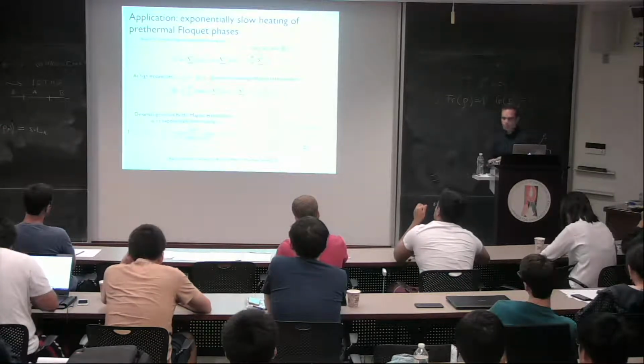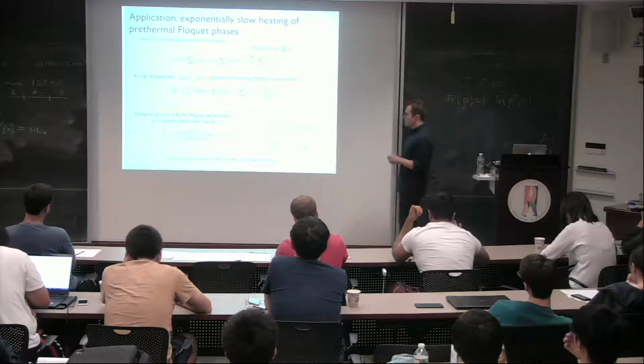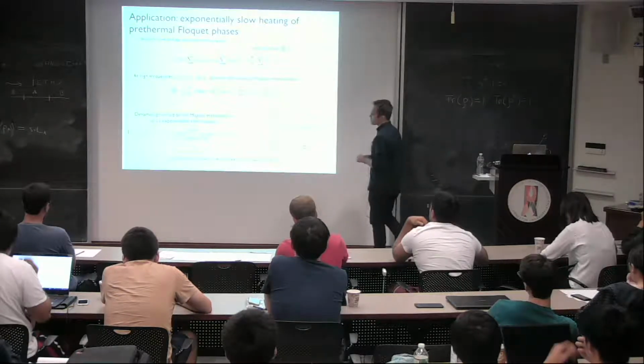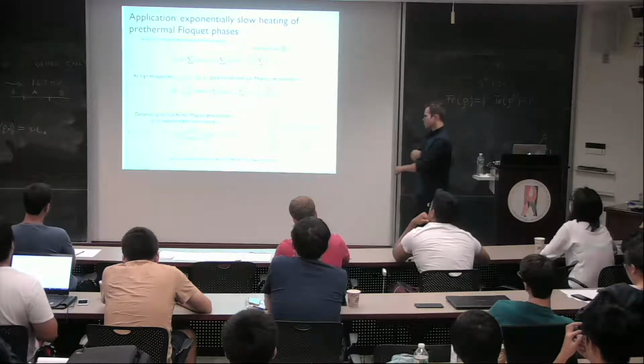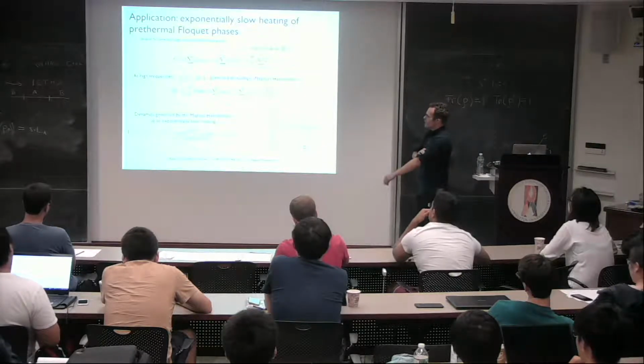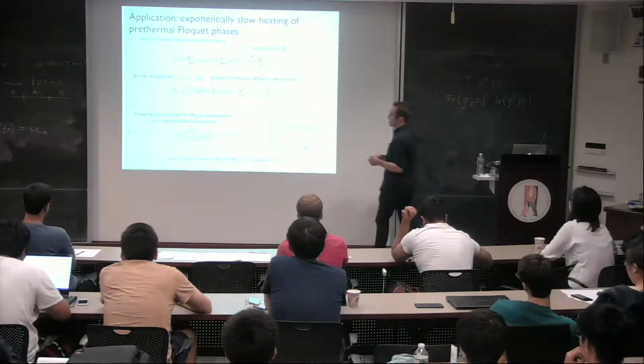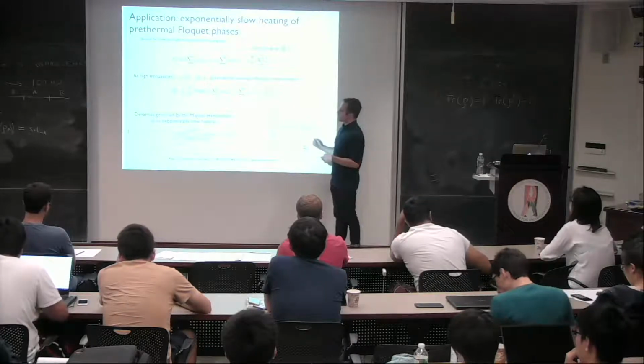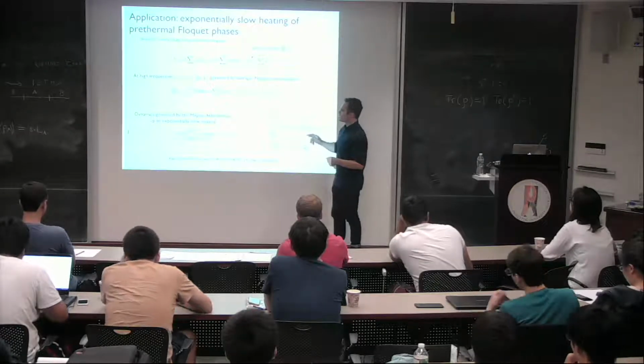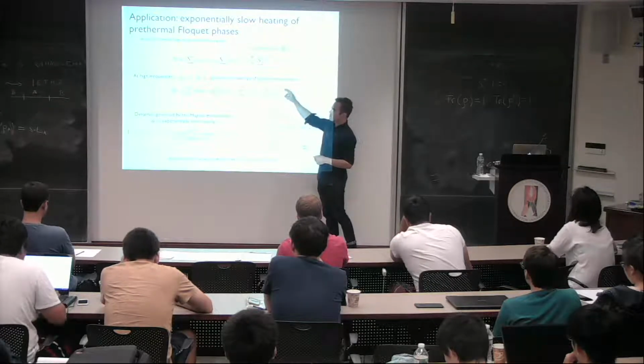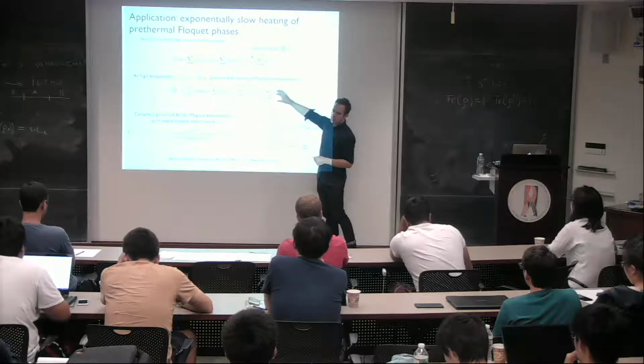And there's a beautiful set of work by Dima Abanin and others, which is the so-called prethermal regime. And what they prove is that up to a very large time scale, the dynamics of the state will behave like they're being governed by the average Hamiltonian.